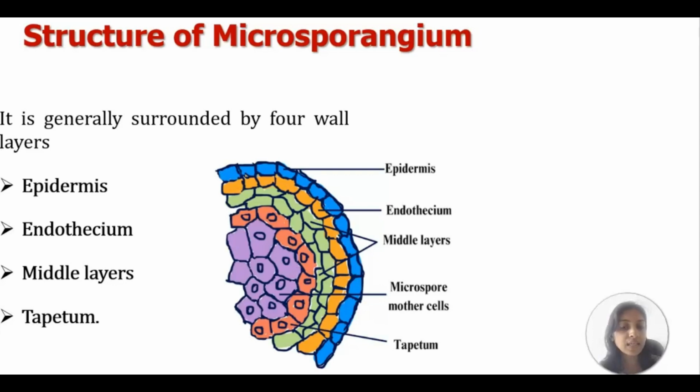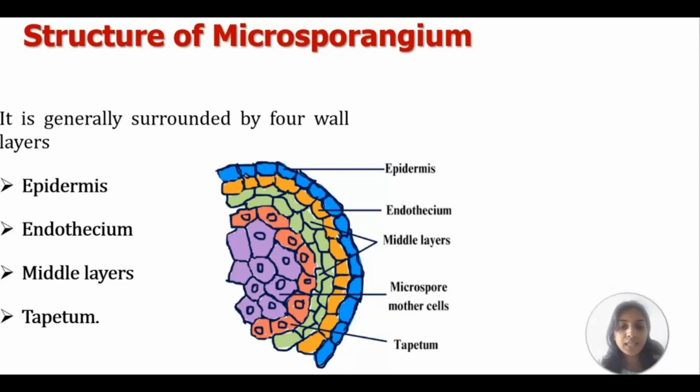Tapetum cells are the innermost layer of the anther wall, of the microsporangium wall. They are involved in the nourishment of the sporogenous tissue, and they secrete sporopollenin. Sporopollenin is a biopolymer involved in the formation of the pollen wall, the outer wall of the pollen, called exine.